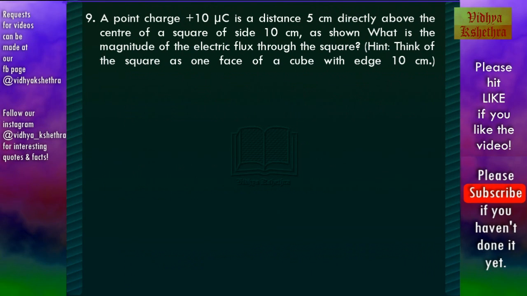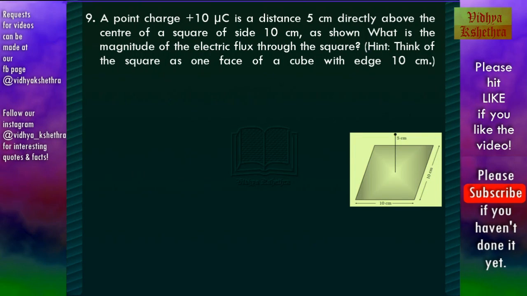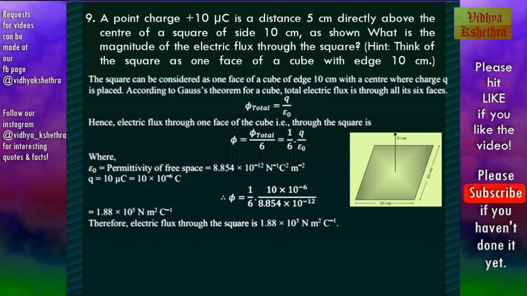Now the ninth problem. A point charge plus 10 microcoulomb is at a distance 5 cm directly above the center of a square of side 10 cm as shown. What is the magnitude of the electric flux through the square? For that, we can think of the square as one face of a cube with edge 10 cm.